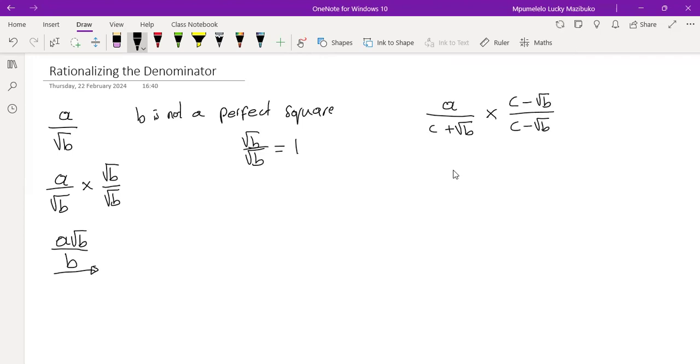The reason we're doing this is that the bottom part will represent a difference of 2 squares, which is easy to deal with. So this will be a, open bracket, c minus square root b. You will be able to distribute the a when you want to, and the denominator will be c squared minus b, a difference of 2 squares from c plus square root b times c minus square root b.